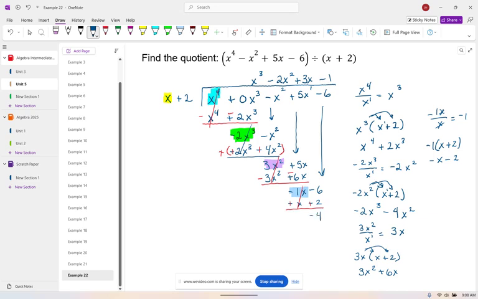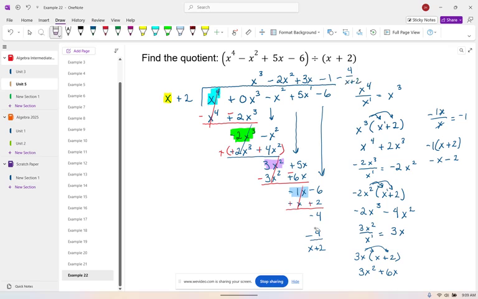All right, on to the second reason why we did this example. At the end, I'm hoping to get 0. I'm hoping to have gotten negative 6 plus 6 equals 0, and then everything is done. However, I get negative 4, and x does not go into negative 4. So what I end up with is a remainder. I'm going to write this remainder as negative 4 over x plus 2.